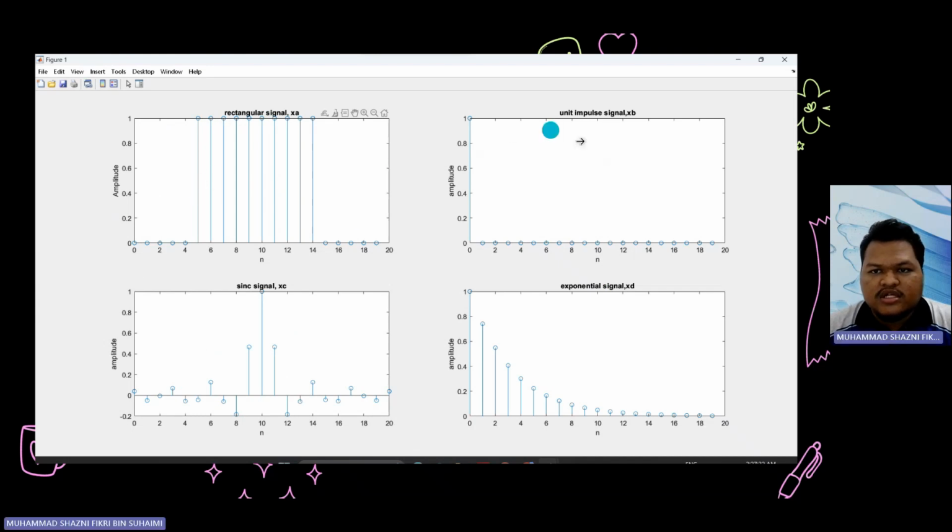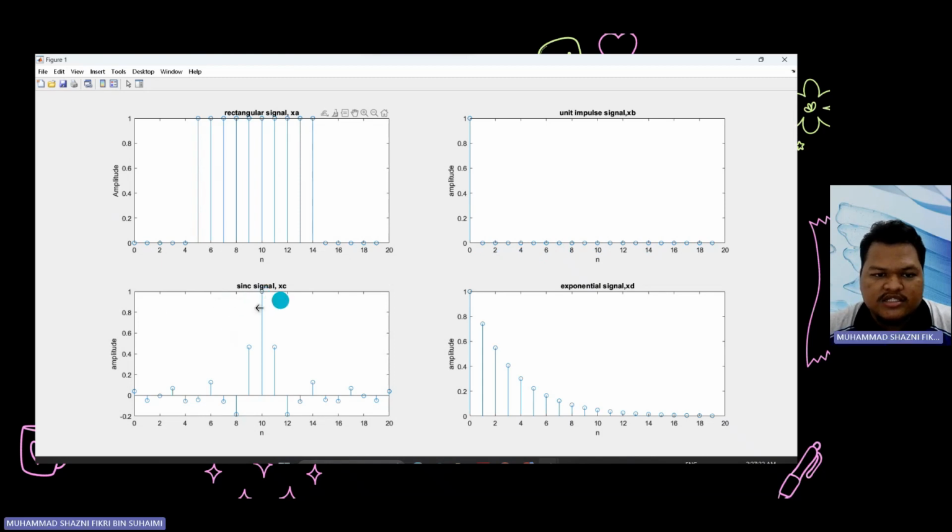This is the rectangular signal in the first row, and the unit sample in the second row, then the sine signal and the exponential signal. For the rectangular signal, we can see that XA is defined as zeros on both sides and 1 in the middle. For the unit impulse signal, the first sample is 1 and the others are almost zeros, like a scientific model.